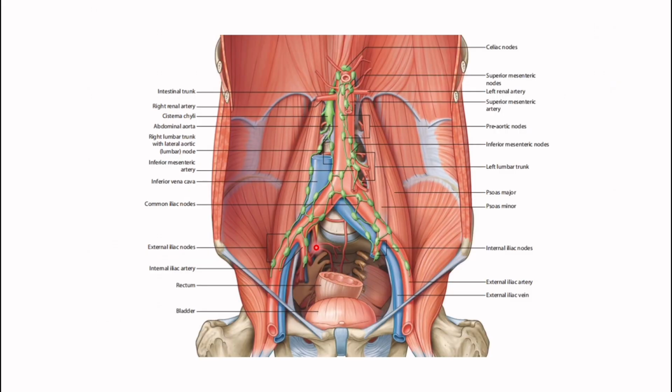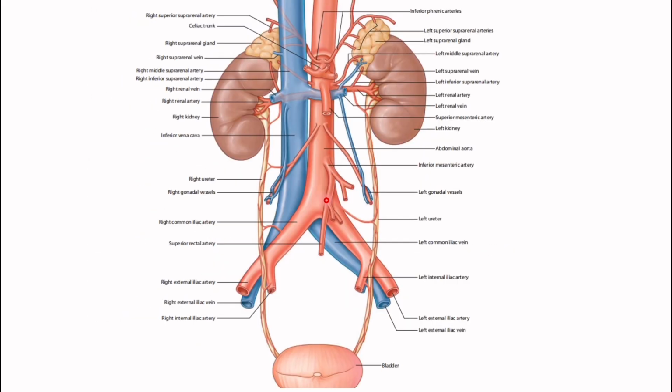Done. Then the nerve supply of these ureters, okay, the nerve supply of these ureters will also follow the what? The arteries. Done. They'll follow the internal iliac artery, okay, since they'll be supplied by the inferior hypogastric plexus. They'll follow the gonadal arteries and will be supplied by the group of plexuses of nerves there.